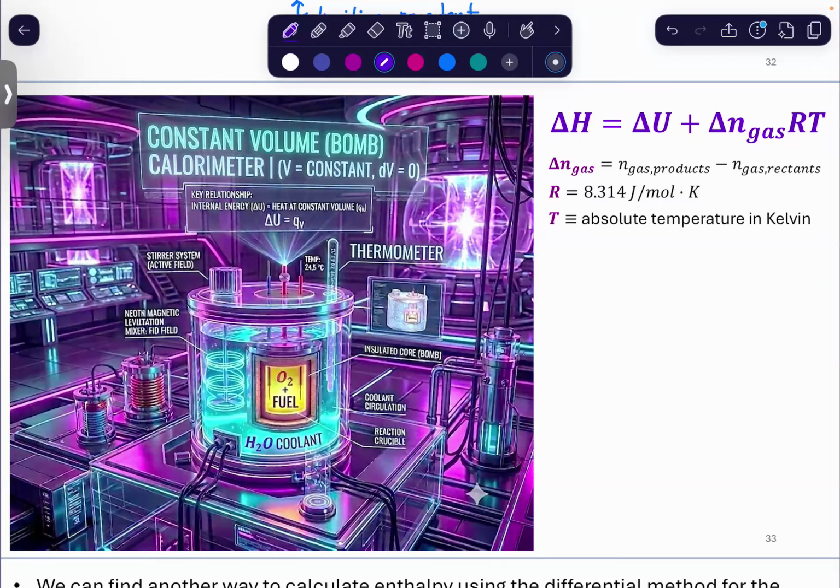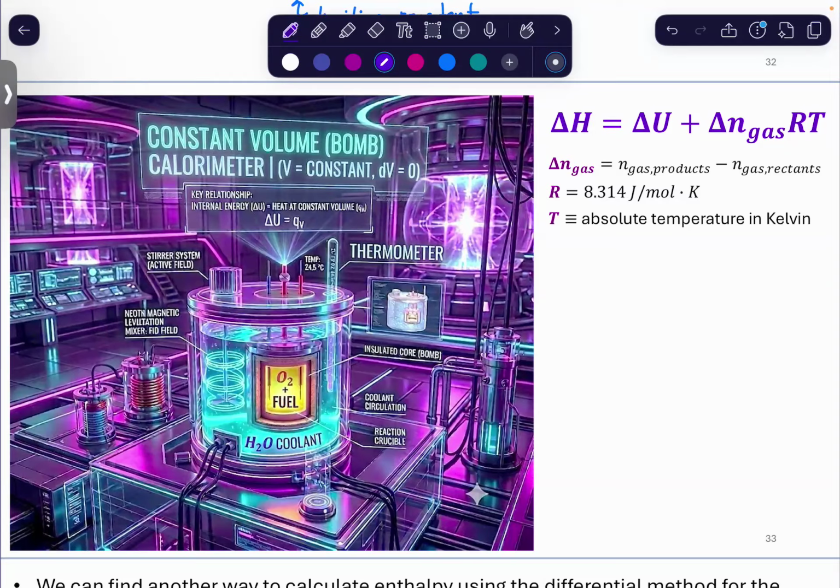The change in moles of your gas is moles of your gaseous products minus the moles of your gaseous reactants. That's because here we have constant volume, and a good example of this is the bomb calorimeter. Here you can see the water in the surroundings. You can see the reaction chamber with O2 that's pumped in there. And then you have your little tips there that will spark the reaction.